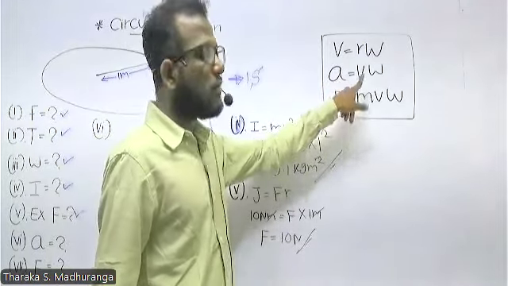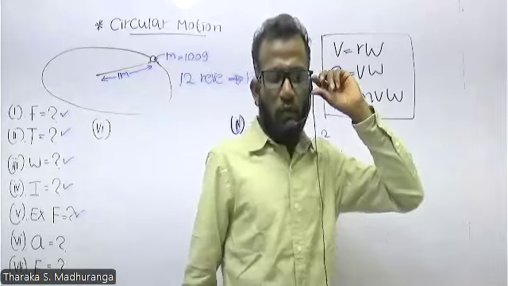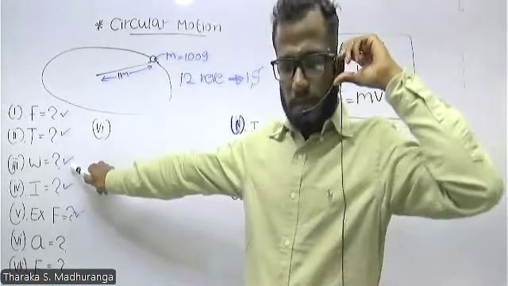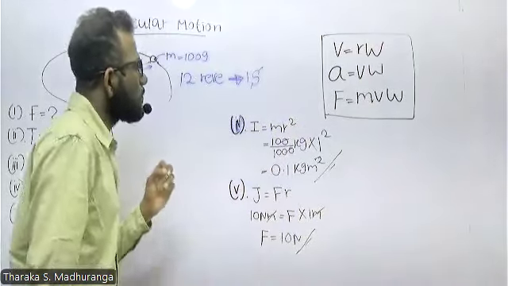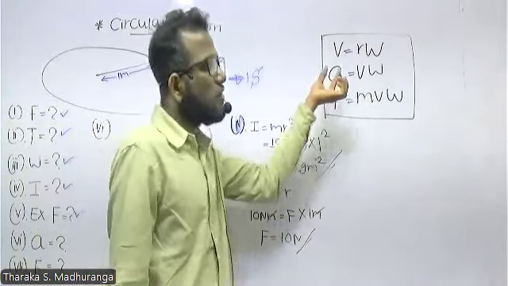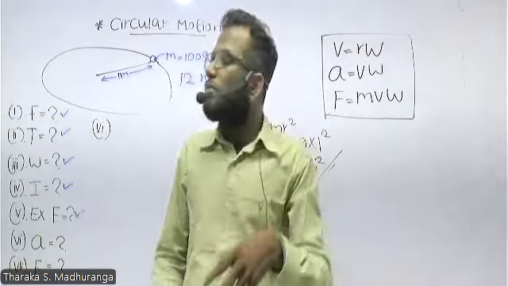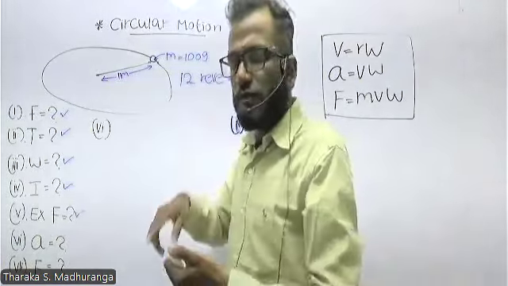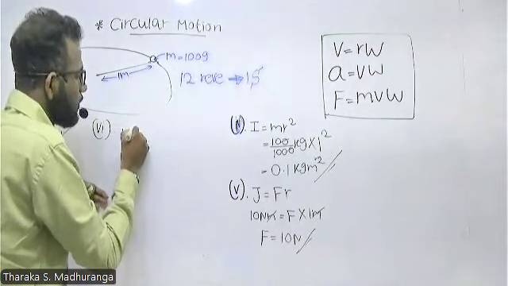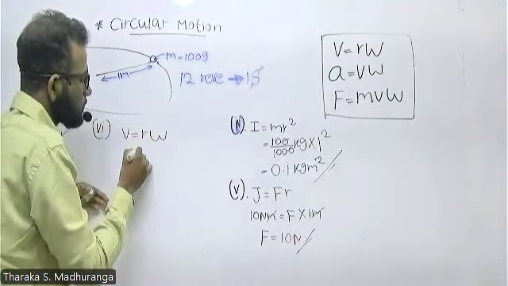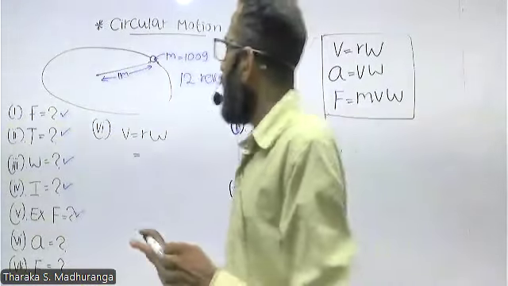A equals V omega. Omega you already know. But first you need to find the speed of this object. The speed V equals R omega.